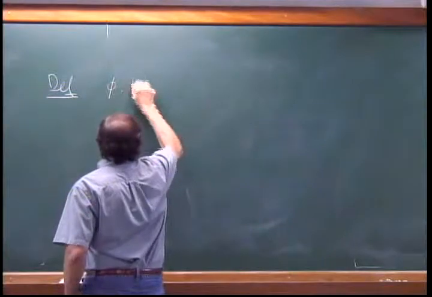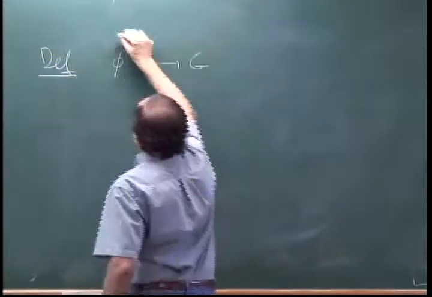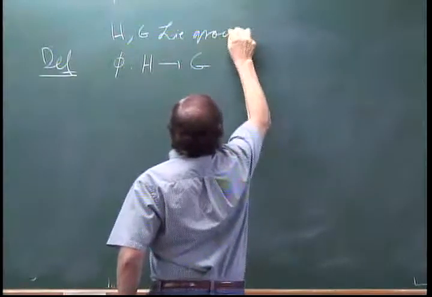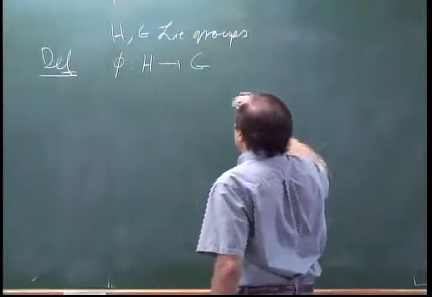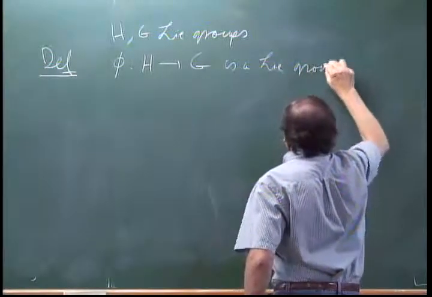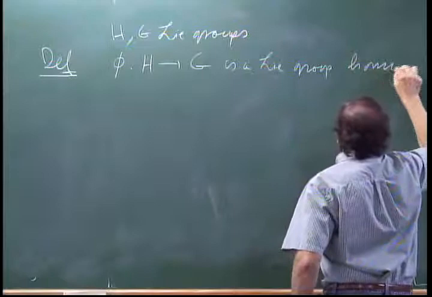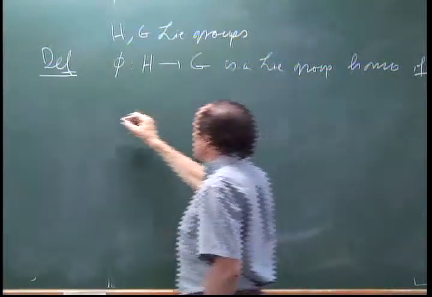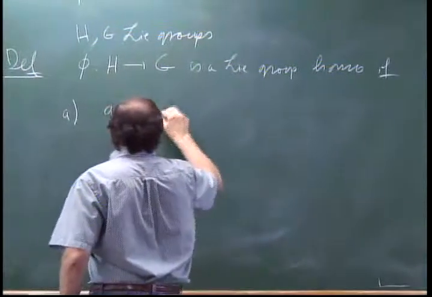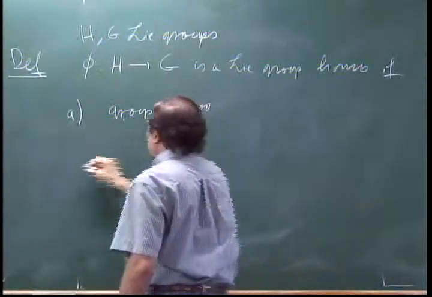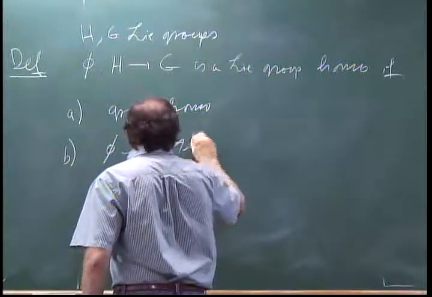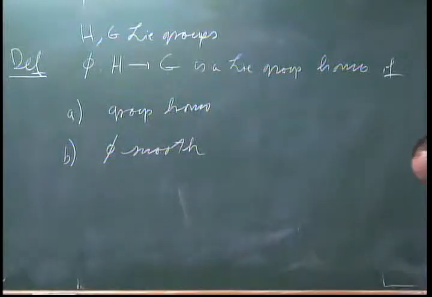So phi from H to G, where H and G are Lie groups, is a Lie group homomorphism if, again, the obvious conditions, right: A, it must be a group homomorphism in the group sense, and B, phi should be smooth. Then it's a Lie group homomorphism.